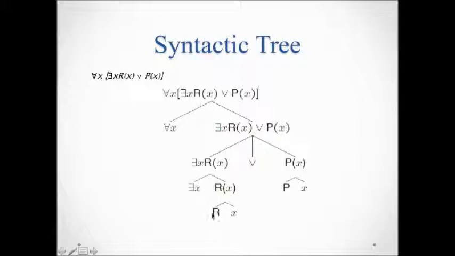Maybe we're not going to worry about this very last level, but you can see here the existential quantifier for x and this predicate r of x are under the same branch. So in this case, x in r of x is within the scope of this existential quantifier.